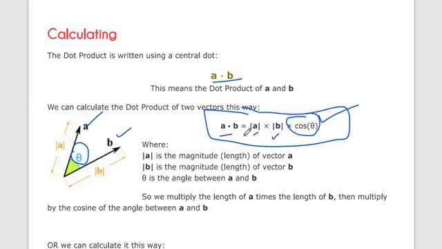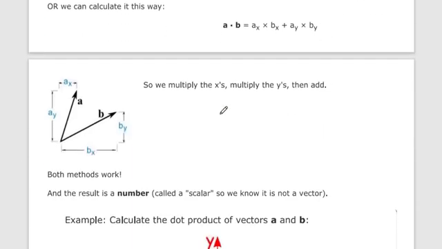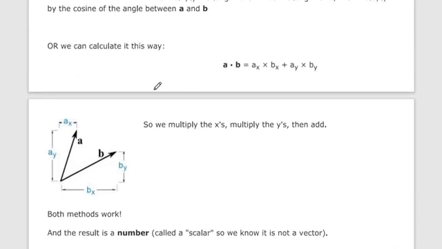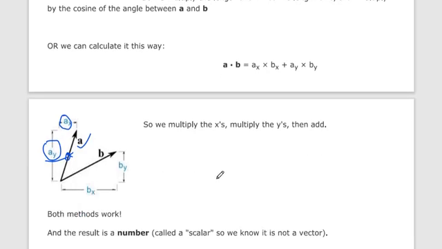Okay, a dot b equals magnitude of a, magnitude of b, and cos theta. Okay, now let's say we have x and y direction, we do not have the magnitude value of vector a and vector b. We have represented them in x and y. So also we can calculate the dot product like this. If we multiply both x coordinates, ax into bx plus ay into by.